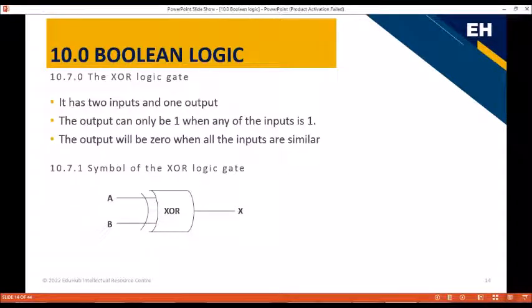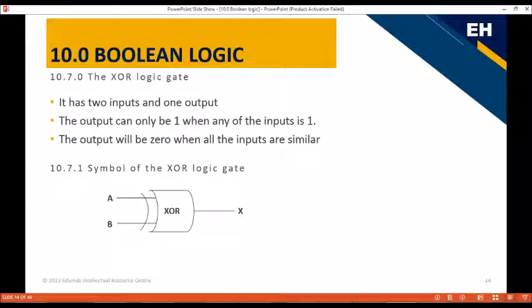Now here are the characteristics of the XOR logic gate. It has two inputs and one output. The output can only be 1 when any of the inputs is 1.